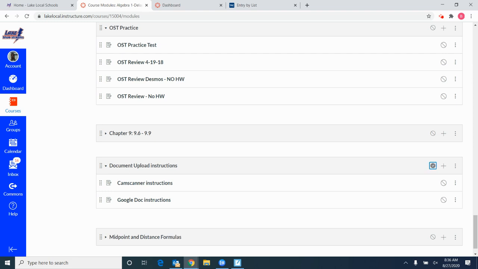There's some instructions. I'm gonna publish those. CamScanner instructions. And I'm gonna change these slightly as we go through here.